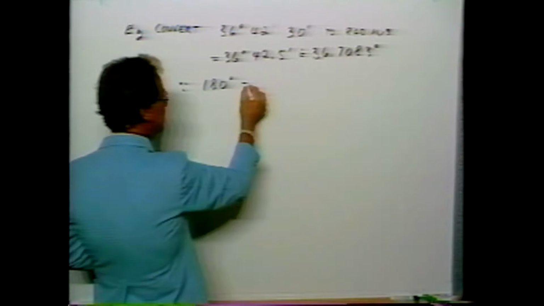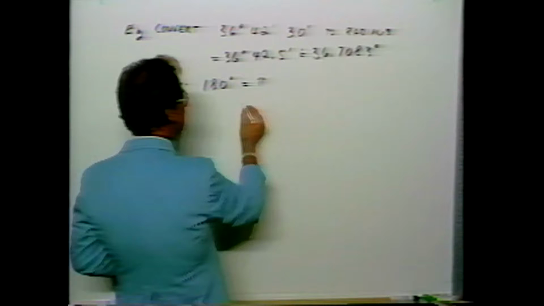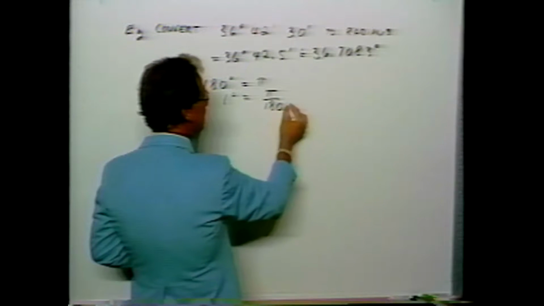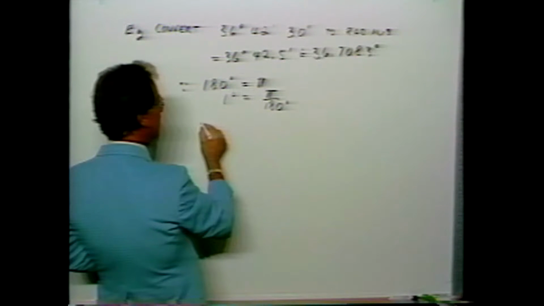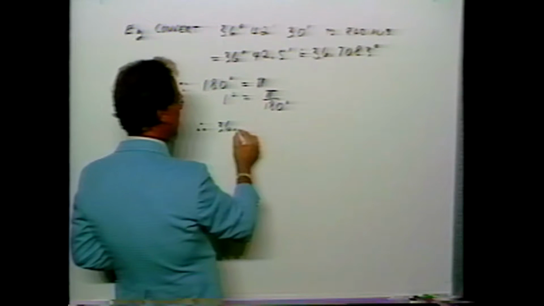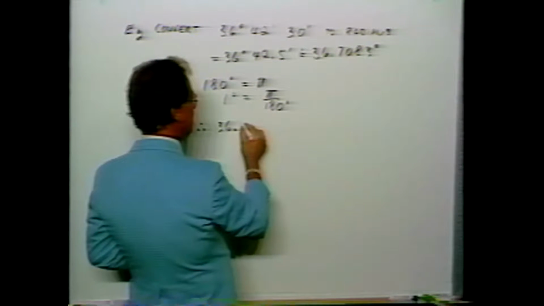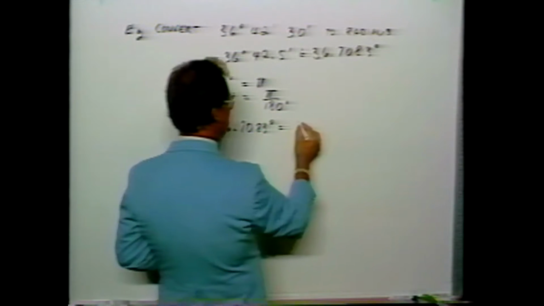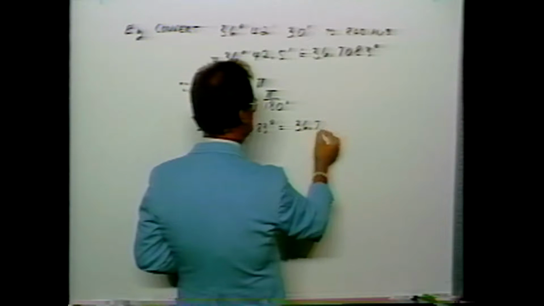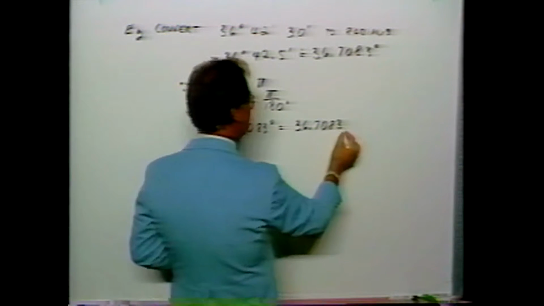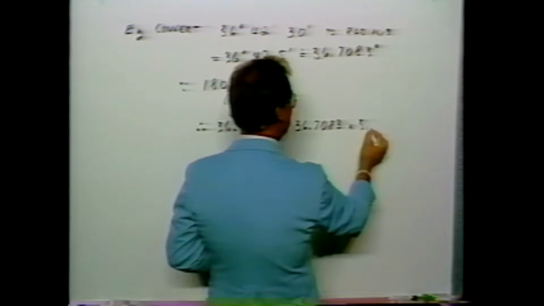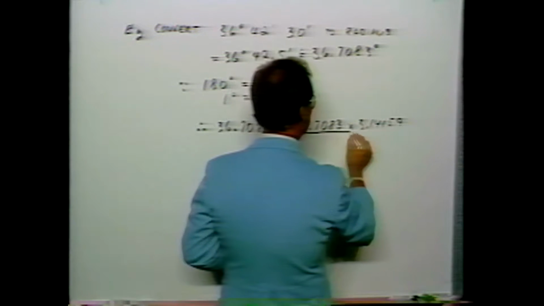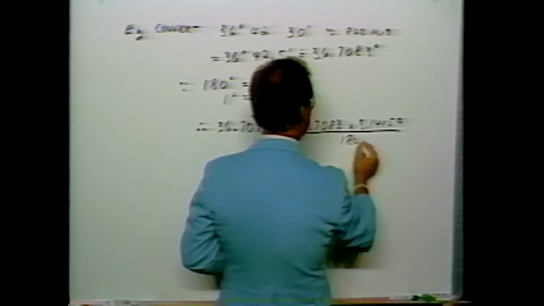Since 180 degrees is equal to pi radians, and 1 degree is equal to pi divided by 180, then 36.7083 degrees will equal 36.7083 multiplied by 3.14159 over 180.